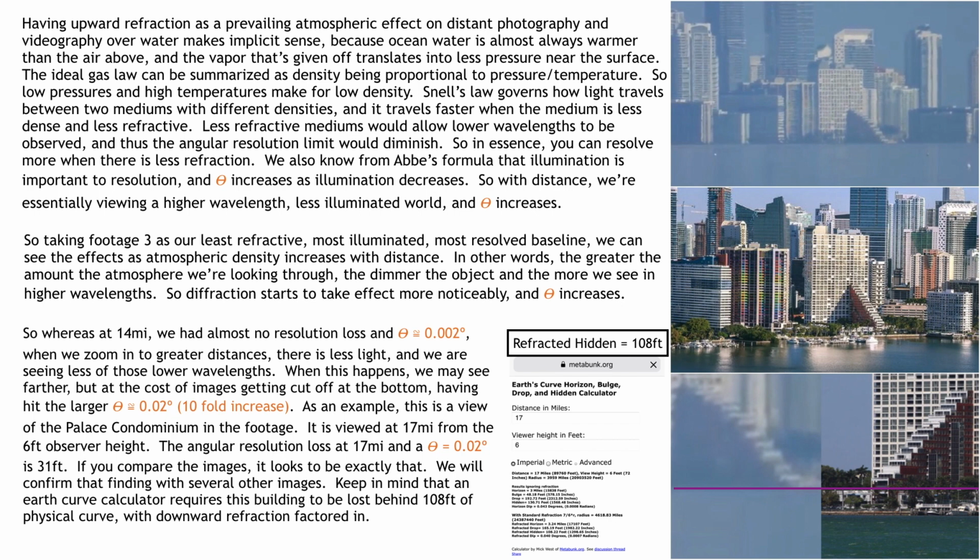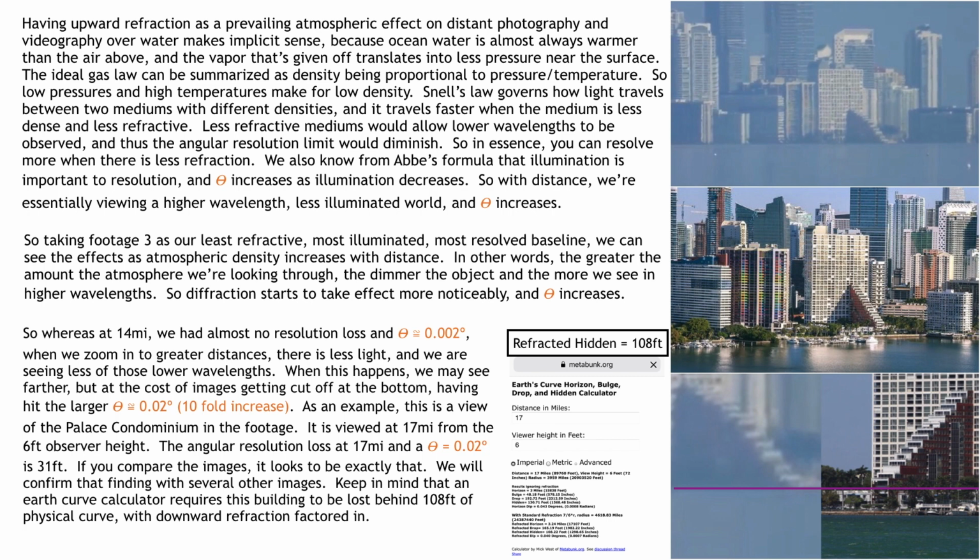You can almost see people or boats very near that distant shoreline, which is incredible. And so you're viewing the world with very bright conditions, very low wavelengths, very little refraction, and theta is essentially 1/5 of an arc minute because there is almost no loss.